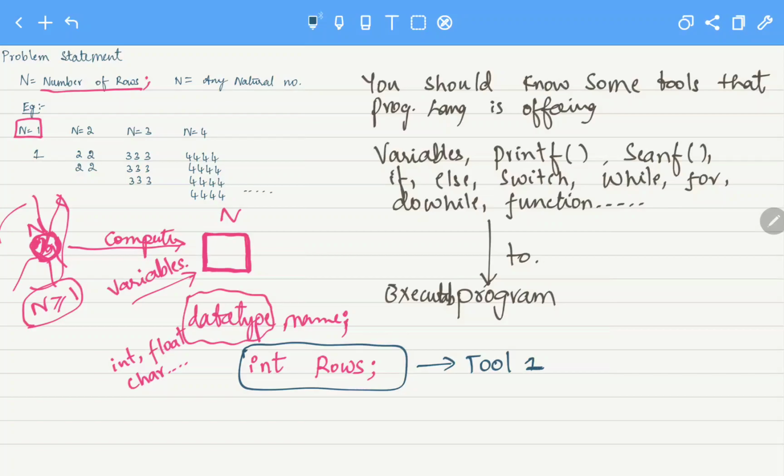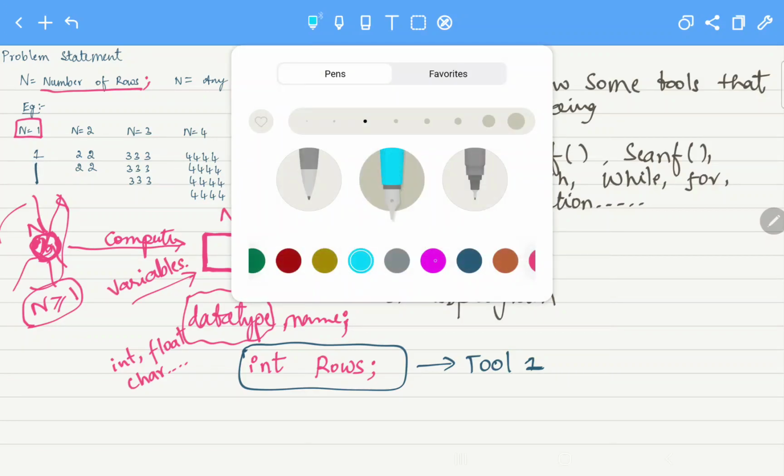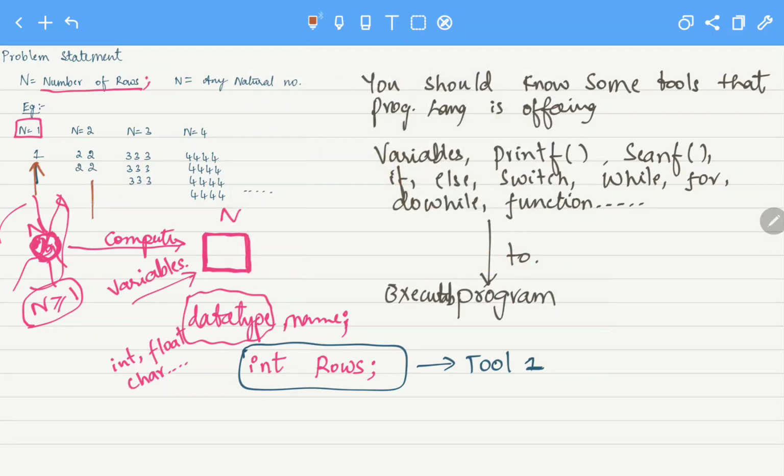And what might be the second one? The second one is just printing. You are just printing, right? Here you are just printing the values, the numbers.